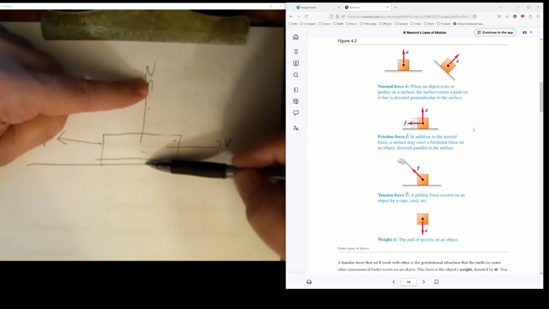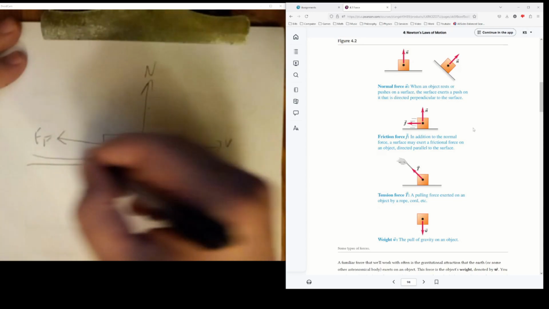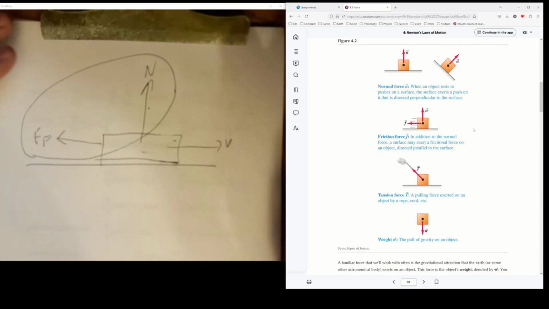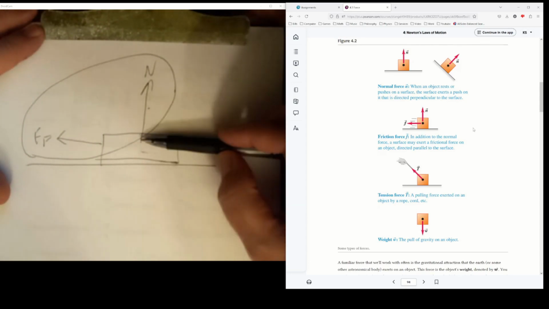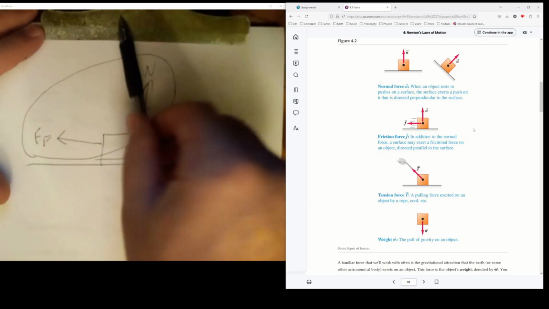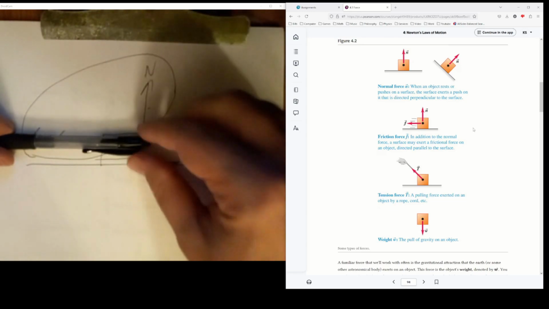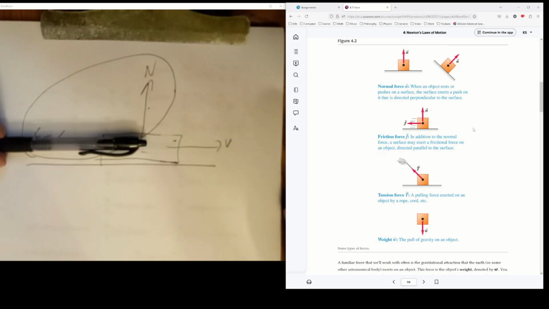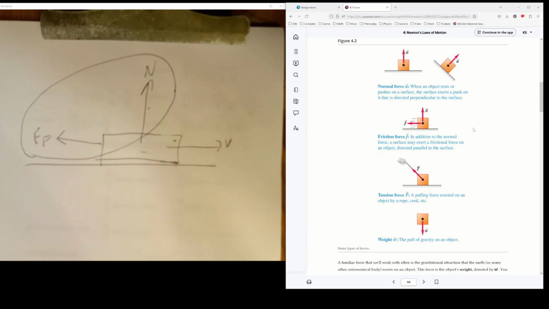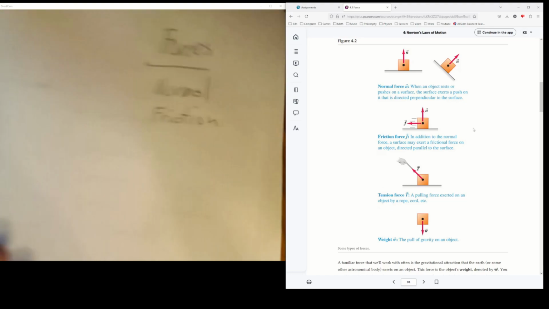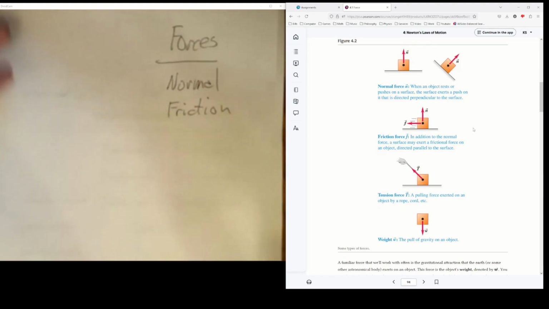Both of these forces happen when you have surface contact. So when you have surface contact, the normal force comes straight out from the surface, and the force of friction is parallel with the surface and opposes motion. And that's another one of our forces. So we've got two forces that we'll be dealing with.